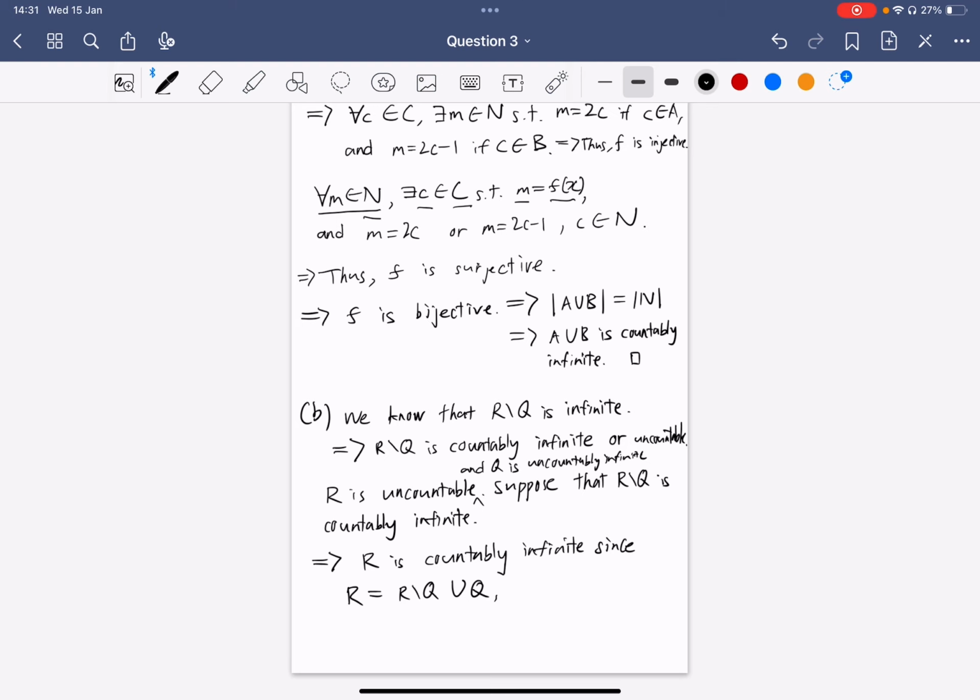And in part A, we showed that the union of two countably infinite sets would give a countably infinite set as well, right?